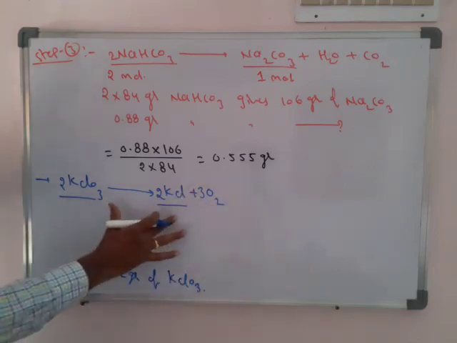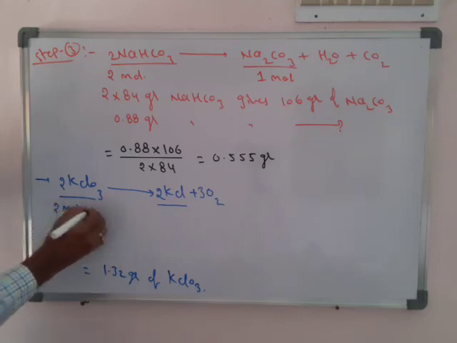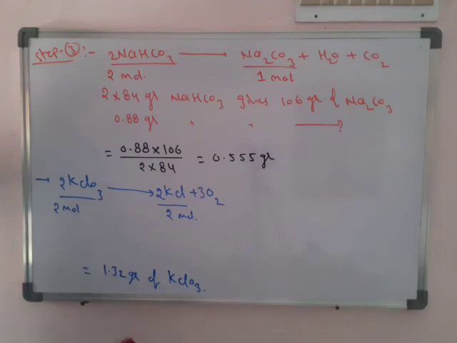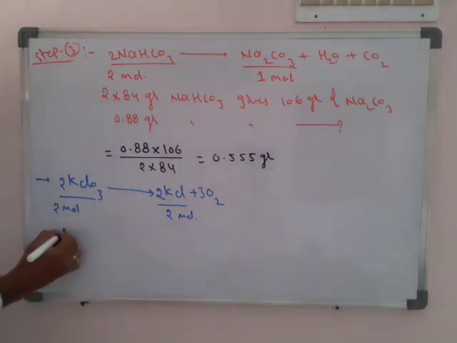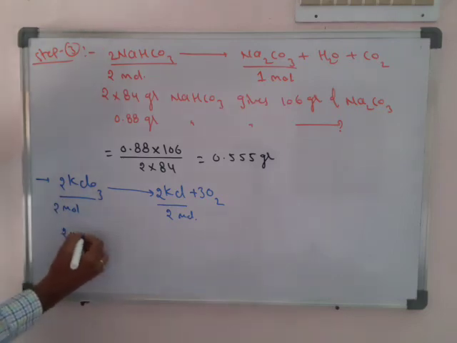So for the residue, we have to find the solid state. Here 2 moles, it is also 2 moles, so the mole ratio is 1:1. Here 2 into molecular weight: 39, 48, 35.5, total we get 122.5.